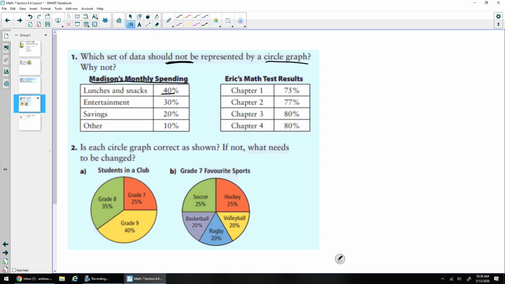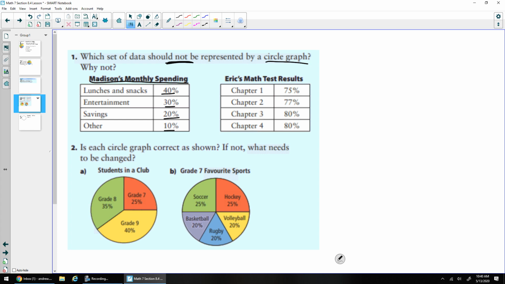And 40% plus 30% is 70, plus 20 is 90, plus 10 is 100. So this adds up to 100% of her spending. And so we can see parts of her whole monthly spending, and we're comparing those parts. So this is a good situation to use a circle graph. You're comparing parts to a whole, the percentages add up to 100%.